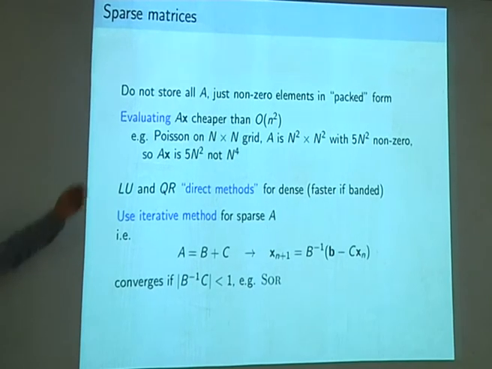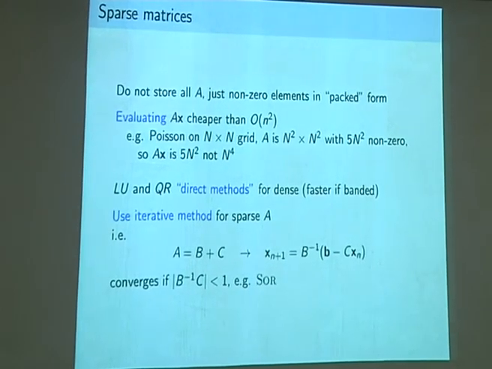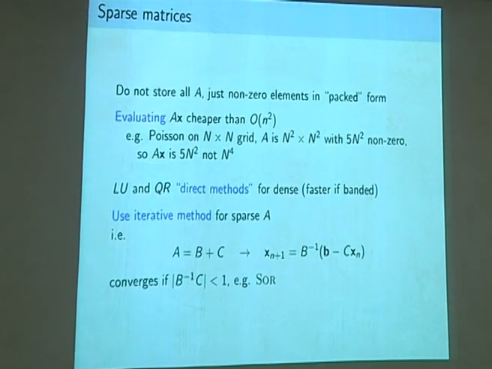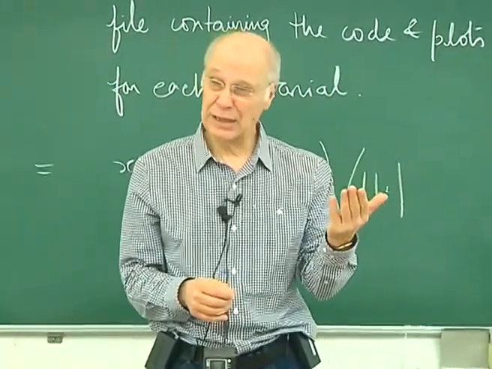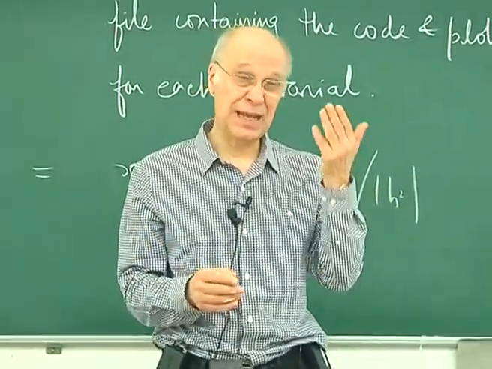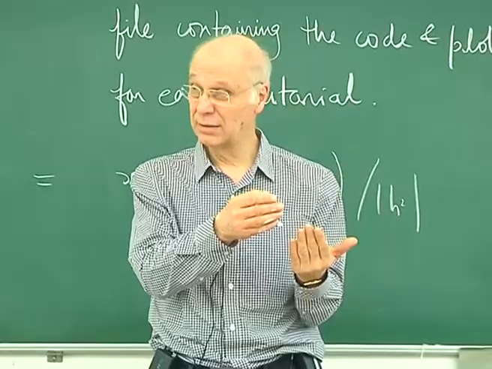So there's a little example there that if you have an n by n grid, and the Poisson problem for an n by n grid is to have n squared unknowns. So the A matrix for AX equals B is going to be n squared by n squared.